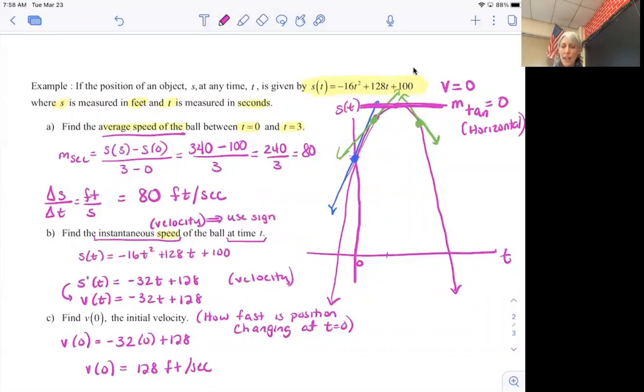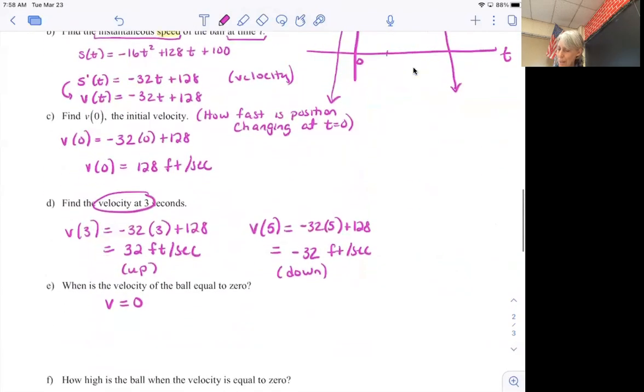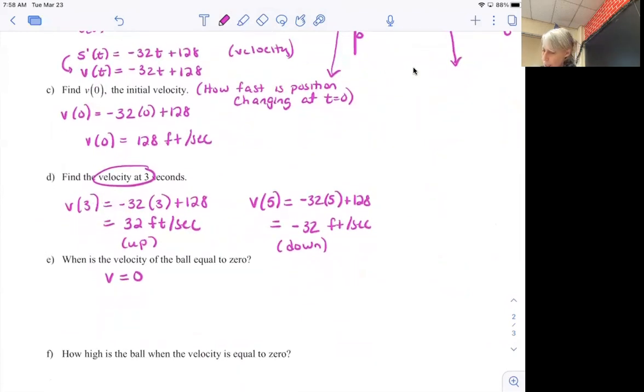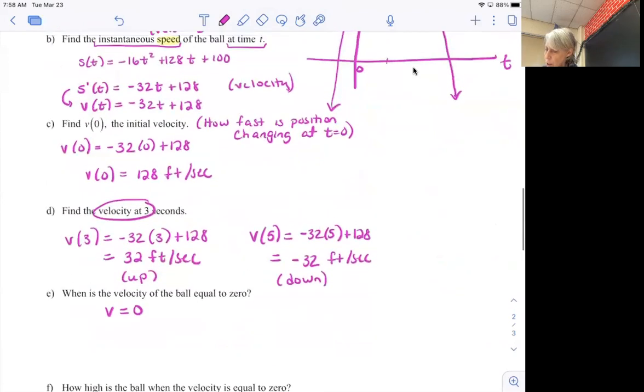So we're going to find that by setting what we got for our velocity function, the derivative of position, negative 32t plus 128, equal to 0.